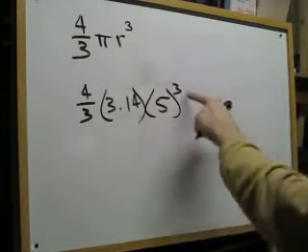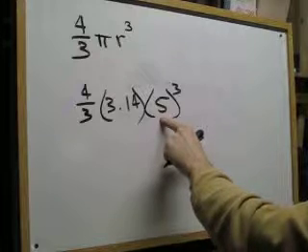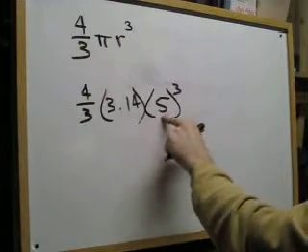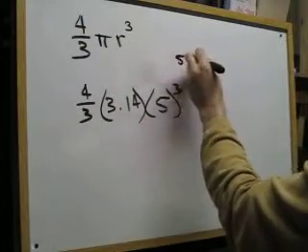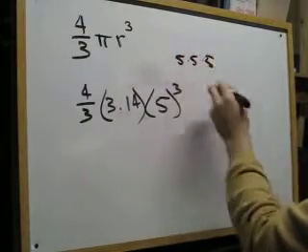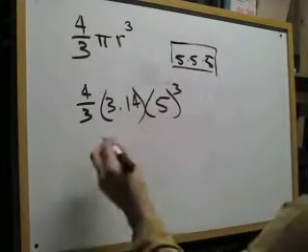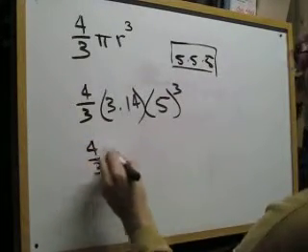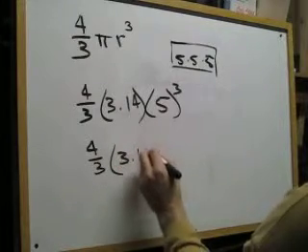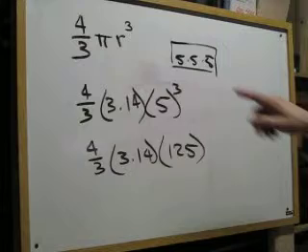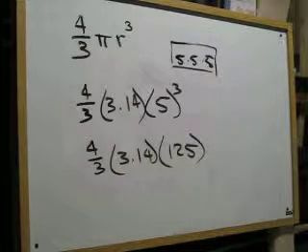It means whatever number is in here, we multiply it by itself 3 times. We're not taking 5 times 3. We're taking 5 times 5 times 5. So 4/3 times 3.14 times 125, because 5 times 5 is 25 times 5 is 125.